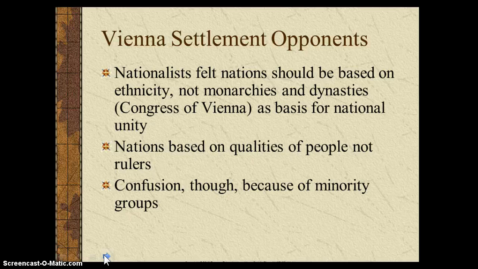Now this is after Napoleon is being defeated. This Congress of Vienna is very important. Nation based on qualities of people, not of rulers. Confusion, though, because of minority groups. Well, when there's so many different minority groups, it makes it hard to split them apart. It becomes more fractured as a country.